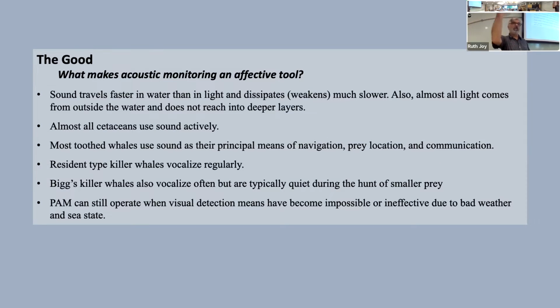It only comes from the top and dissipates very quickly into the depths, which of course was the main reason for cetaceans, who came back to an oceanic environment some 60 million years ago, to really focus on this acoustic channel and make a living using sound quite well.